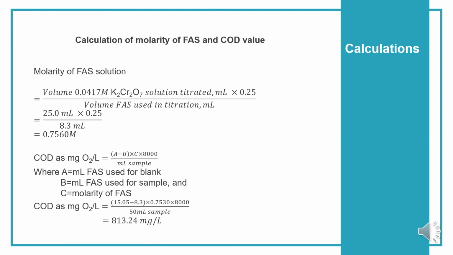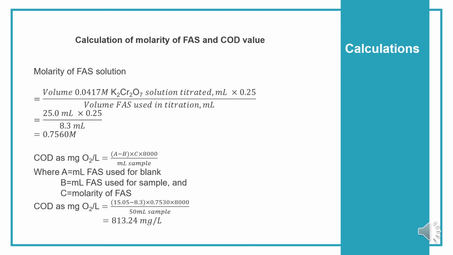Next, we calculate the molarity of FAS and COD value. The formula of molarity of FAS solution is the volume of 0.0417 molar potassium dichromate solution titrated times 0.25 divided by volume of FAS used in titration. Hence, 25 ml times 0.25 divided by 8.3 ml equals 0.756 molar.